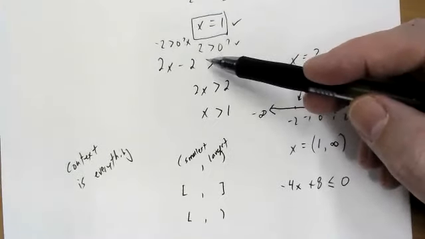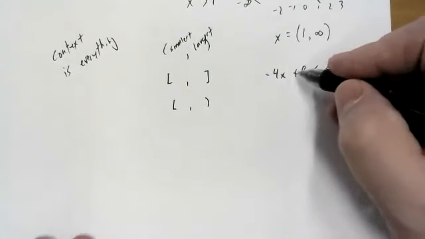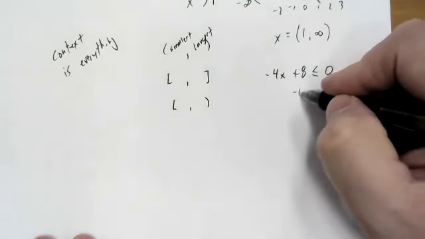The main thing at first glance is here I have less than or equal to. My first problem, I just had greater than. So now I'm going to solve this the same way. I want to get x by itself, so I'll subtract 8 from both sides.